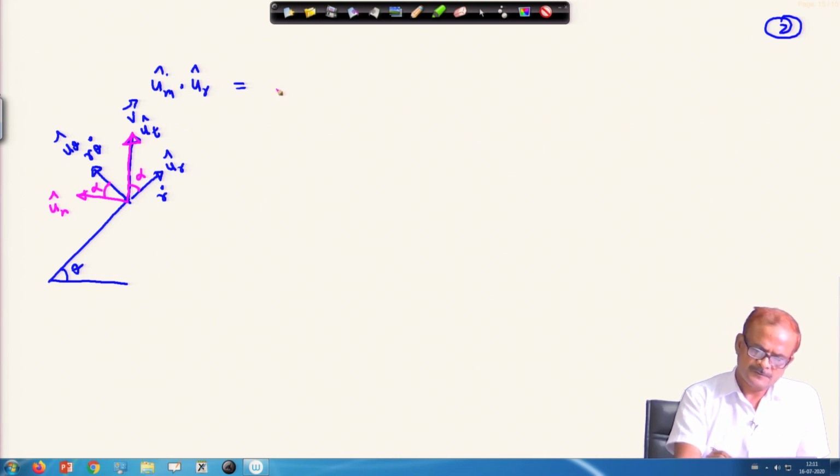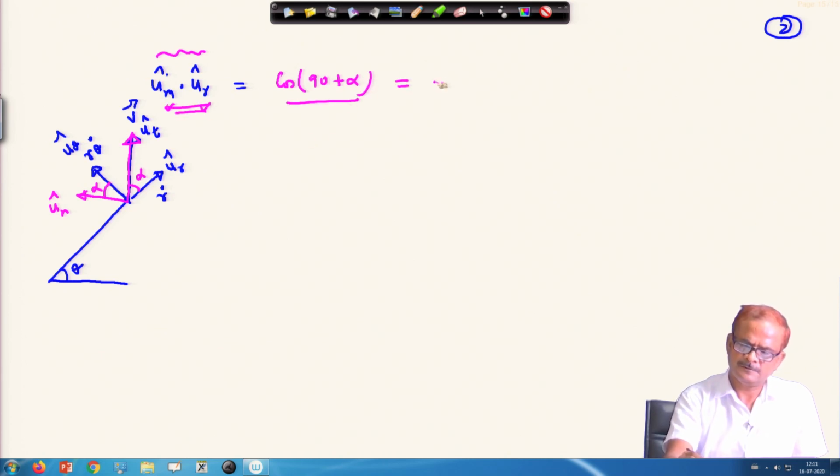So, we are looking for the angle between the u n vector and the u r vector. How much will this angle be? This will be 90 plus alpha. So, the angle between them gives cos of 90 plus alpha, equal to minus sin alpha.